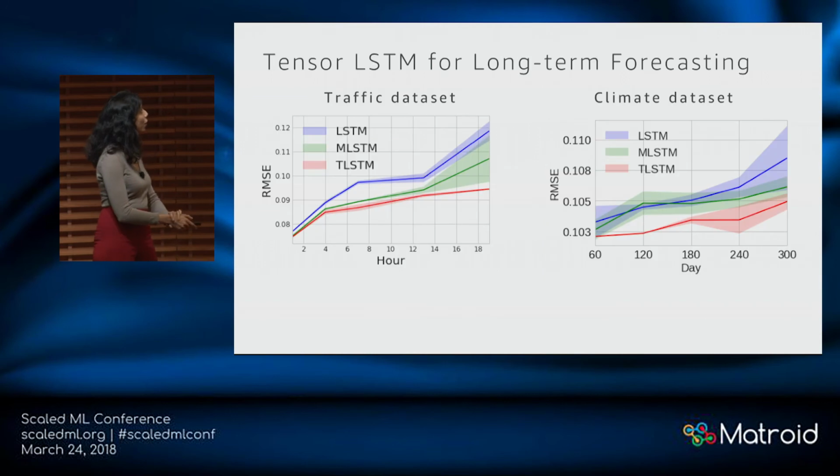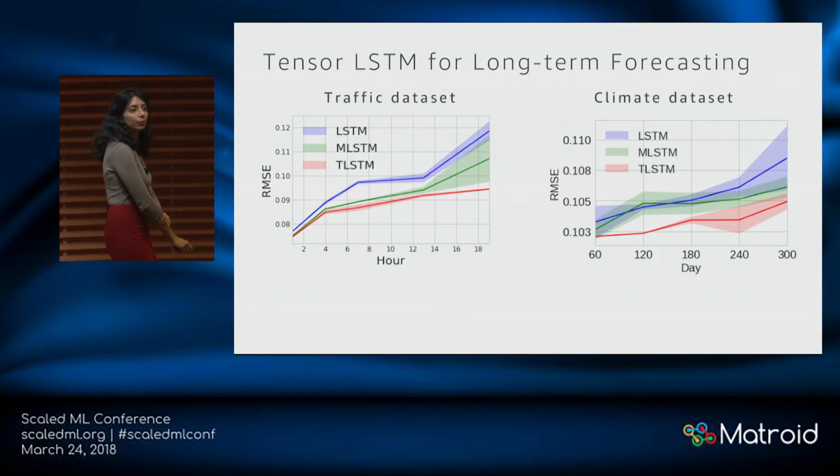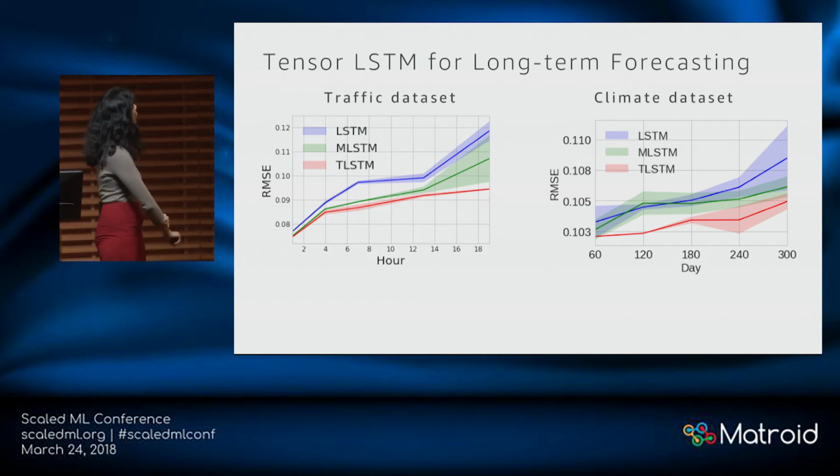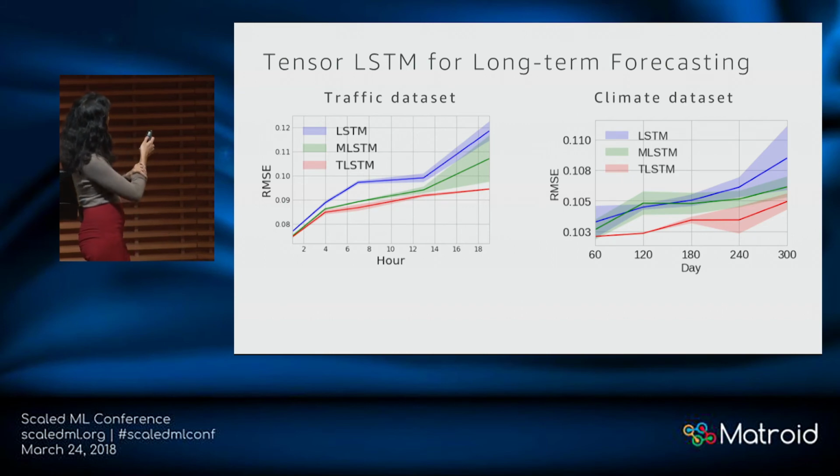And what we found by doing this was it can give rise to much better long-term forecasting compared to the standard LSTMs. So one was the traffic data set. This is one of the benchmarks for forecasting, where you want to predict the traffic in the next 2 hours, in the next 4 hours, and so on, right? So you want to predict way into the future. I mean, indeed, in this case, it's a few hours.